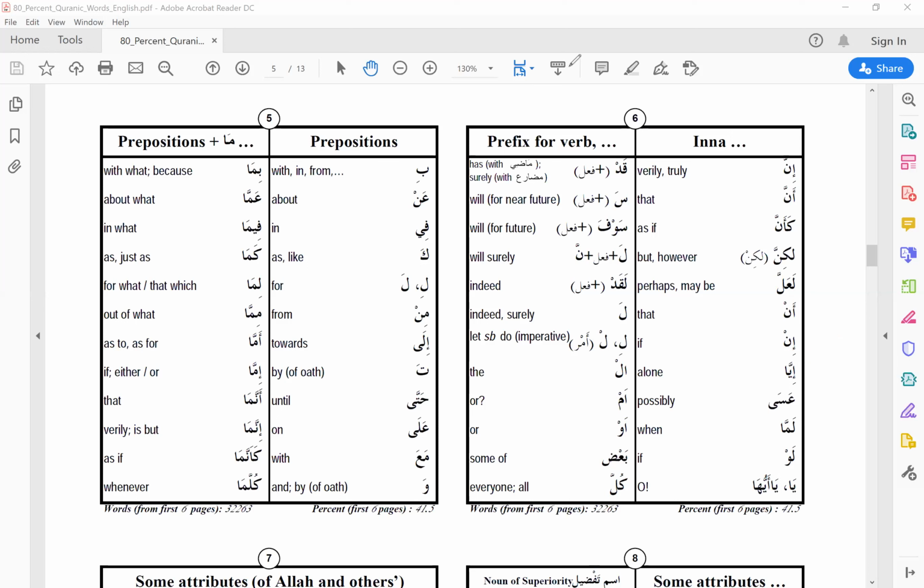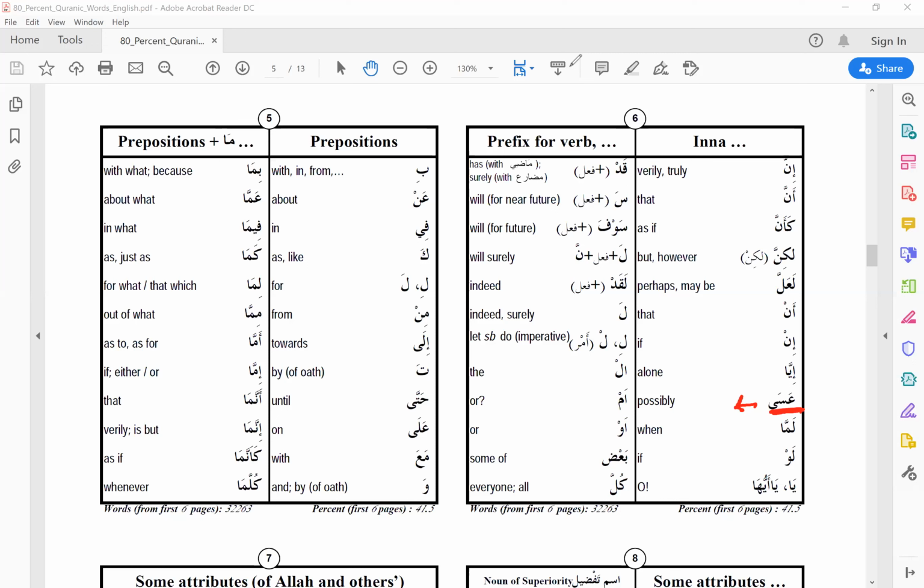Asa would actually come, and they would usually have a helping verb, like asa and yakul, or asa and such and such.